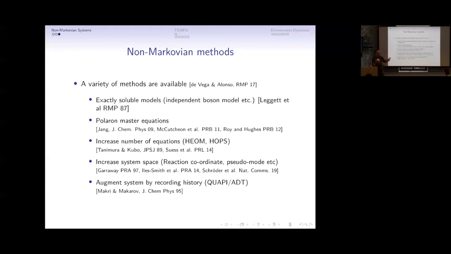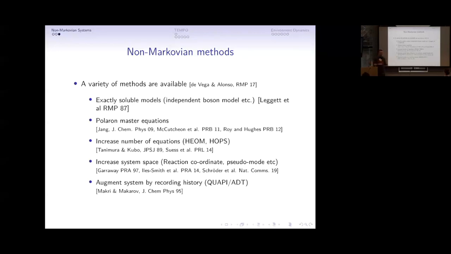We can also increase the number of equations of motion. So there are these hierarchical equations of motion or hierarchies of pure states where you couple in different parts of the environment and keep track of a higher number of degrees of freedom than just the density matrix elements for the system, which you want to keep. And then there's recording the history.